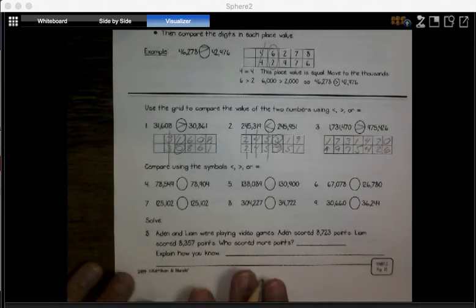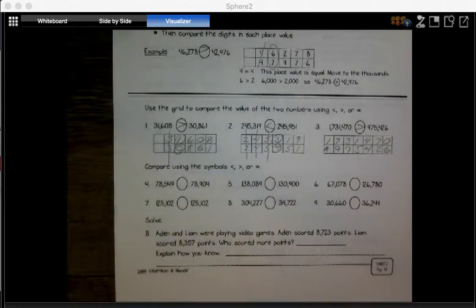So let's move on and see if we can do this. Now we don't have the grids to work with, but with as much practice as we've had the past few days, we should be able to figure it out even without a grid. Let's take a look at our numbers. 78,549 compared to 78,904.